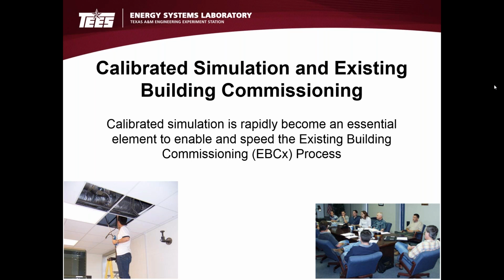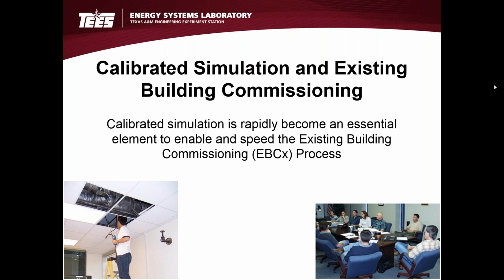I'm not going to assume that all of you are familiar with the existing building commissioning process, so I want to give a little bit of an overview of that since I'm going to be talking today in the context of that process. It is something that is known by various terms. Existing building commissioning is the term that ASHRAE has adopted. Retro commissioning is widely used.